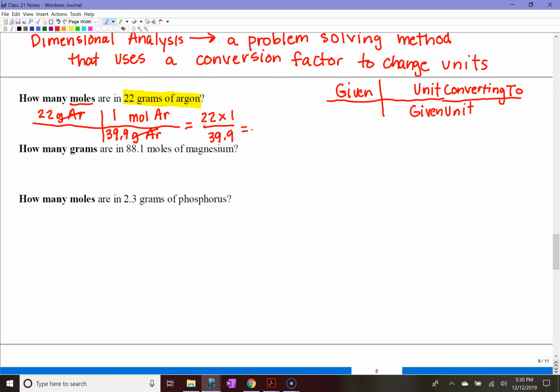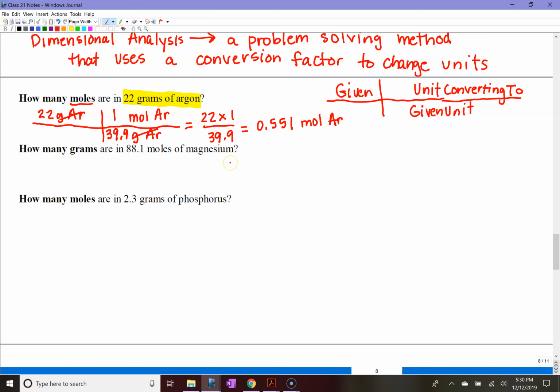And that's going to give me 0.551. And since grams of argon have canceled out, the unit I'm in is moles of argon.